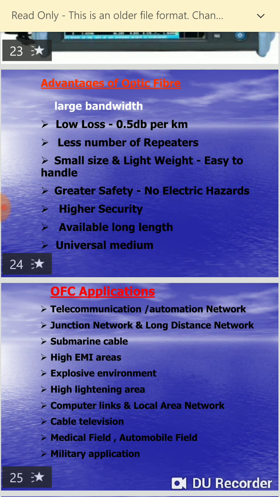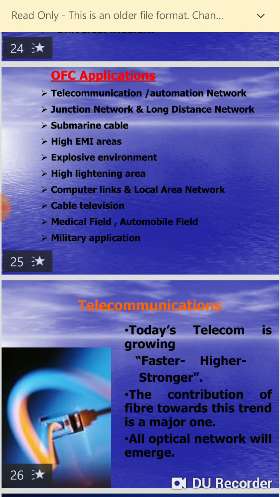We can use it in electrically hazardous environments, so it can be used in explosive environments, high lightning areas, computer links, local area network, cable television, medical field, automobile field, and military application. These are the applications of optical fiber cable.